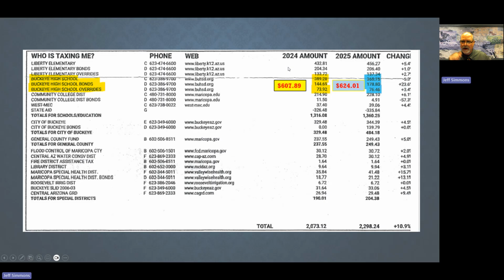So in 2024, based on the lower assessed value from the county, this person paid $607.89 to Buckeye Union High School District. And based on the 5% increase that came through, they're now paying $624.01, a difference of about $16 to the district.